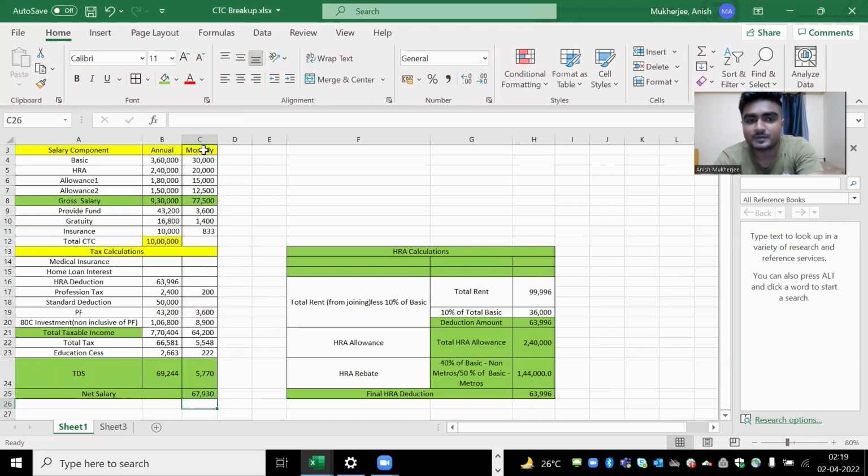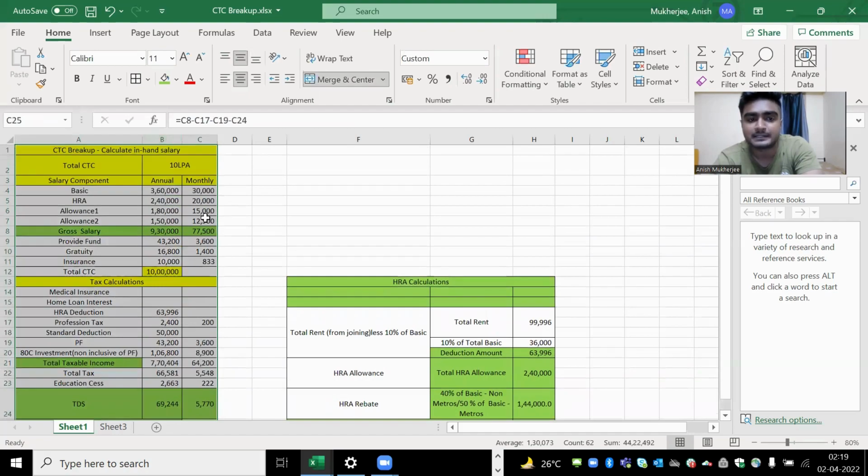So what you will be able to see is that if my total CTC is 10 lakhs, this is the amount that I will be receiving at the end of the month.